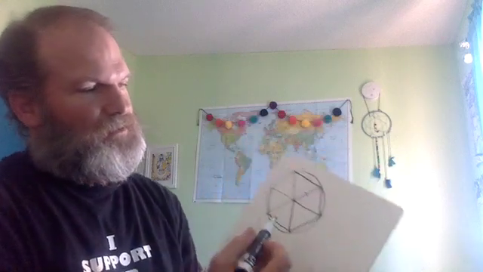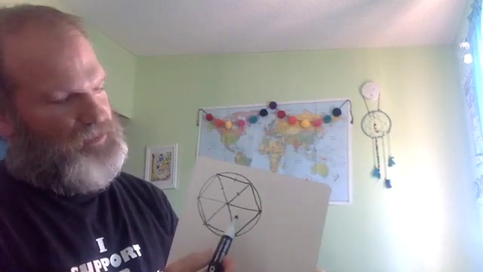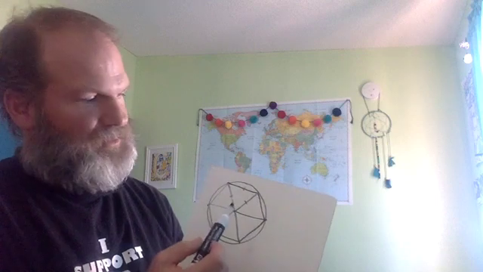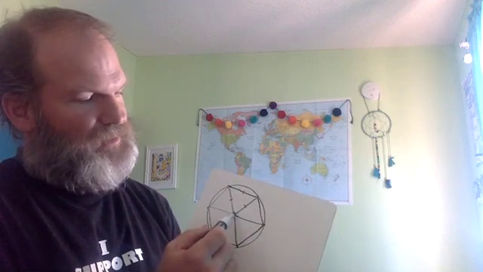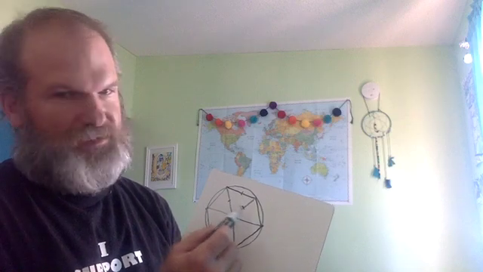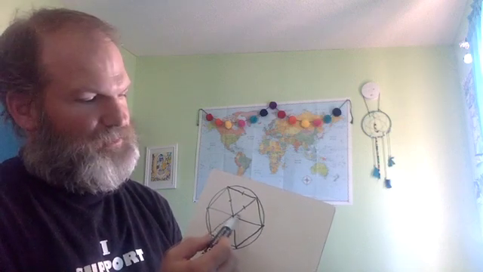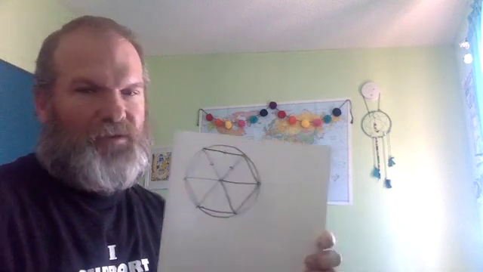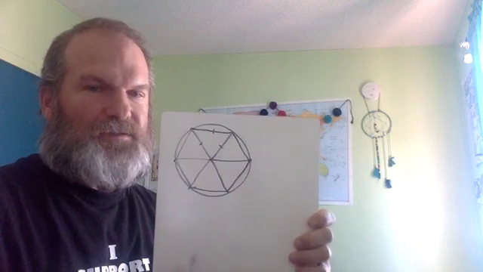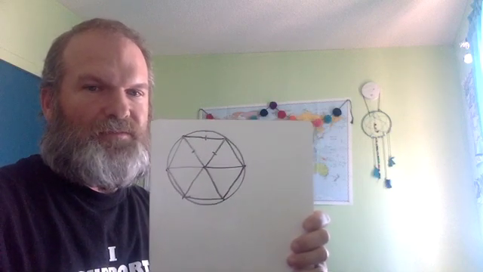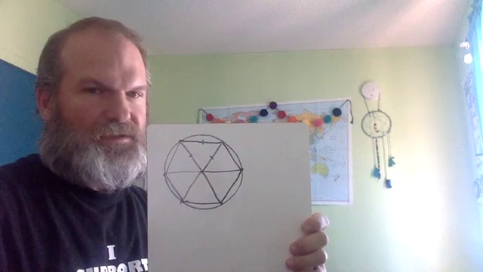So they took this hexagon inside of a circle, and they figured since they had 60 numbers, they'd break each hexagon side up into 60 little parts, and there's 6 of them. 6 times 60 is 360. So a lot of people think that's really where 360 degrees came from, was the fact that their number system had 60 digits in it.